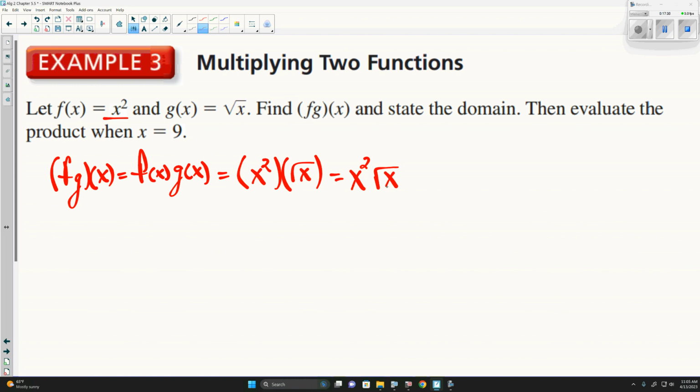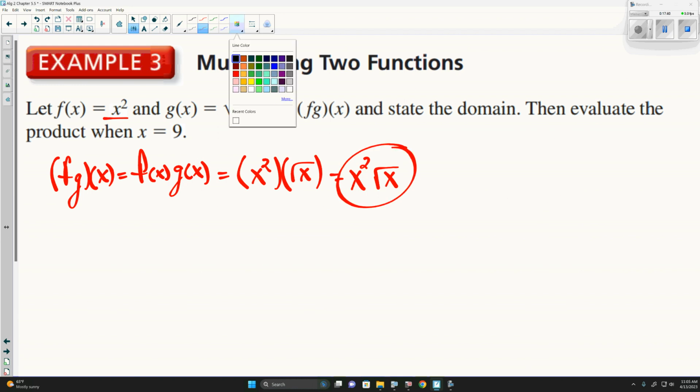Now, this is going to differ from the book. So if you are trying to check your answers in the book, they will differ. This is the answer that I will take. The textbook is going to change the square root of x from radical to exponential.